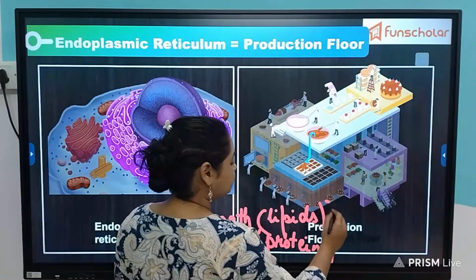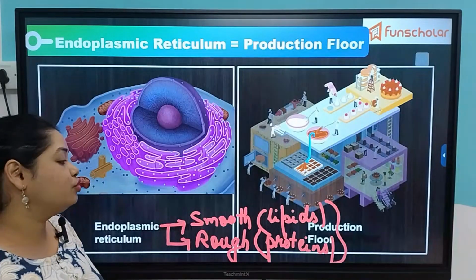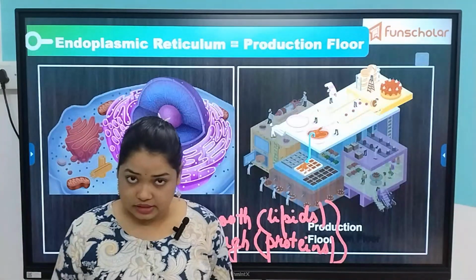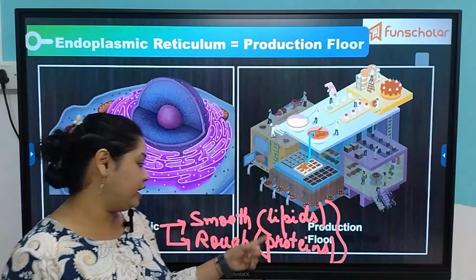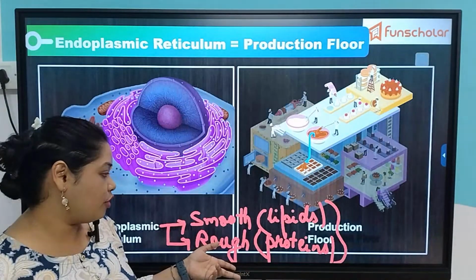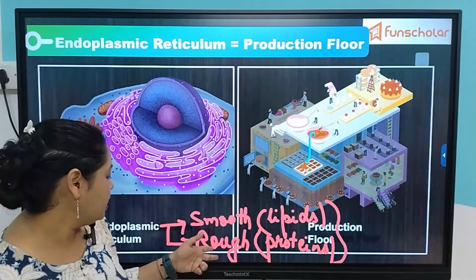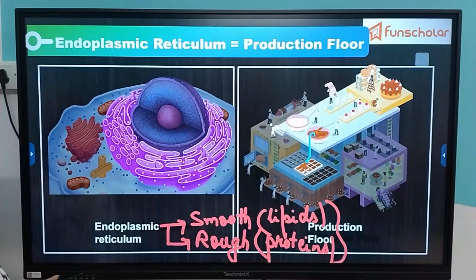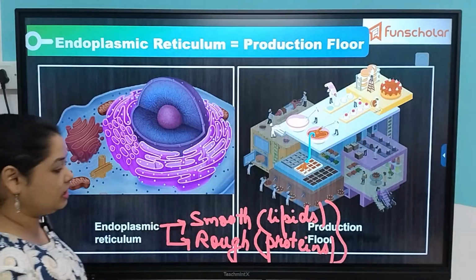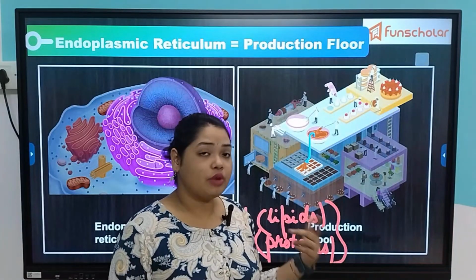Both these proteins and lipids are then transported to form the cell membrane. These are very essential components of the cell membrane. They are formed from these two raw materials only. That is why the endoplasmic reticulum is an important cell organelle, and it also acts as the production floor. Why?